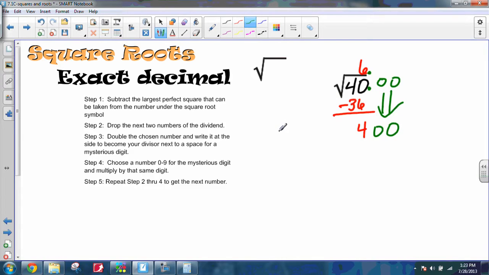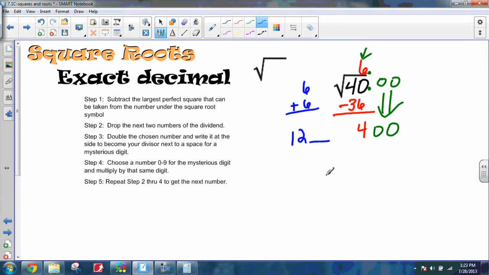Step 3 says I need to double the chosen number and write it at the side to become your new divisor, next to a space for a mysterious digit. So if I chose 6, I have to double it. 6 plus 6 gives me 12, next to my mysterious digit.